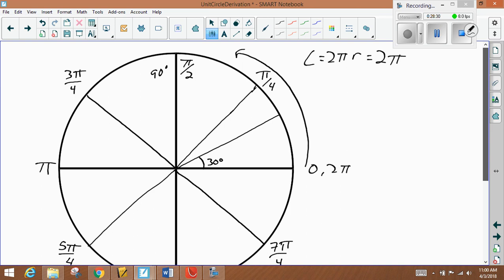I would like to know what that is in terms of pi, in terms of the ratio of segments, you could say, or rotations around this circle. But what is pi? If this whole thing is 360 degrees, a circle is 360 degrees, then this here is 180 degrees, yeah?